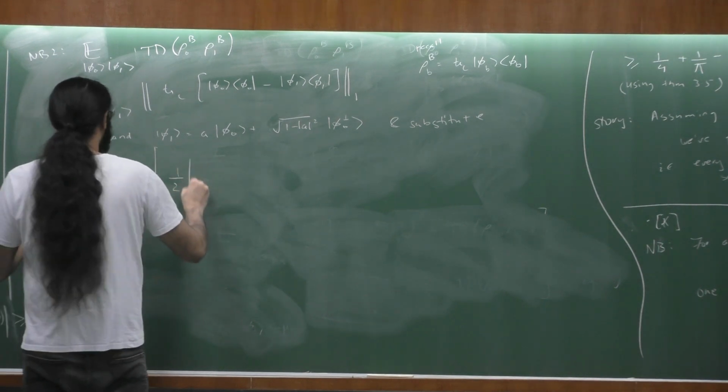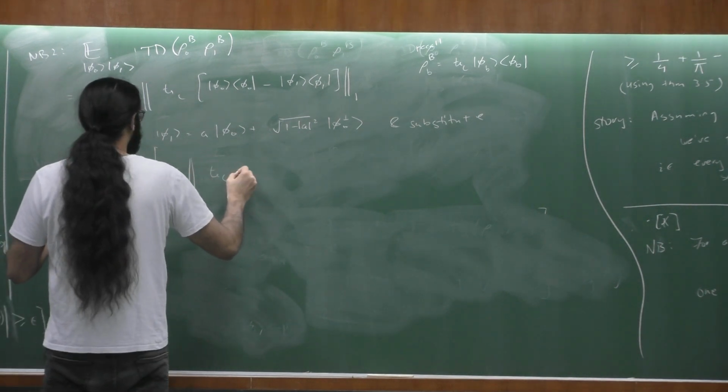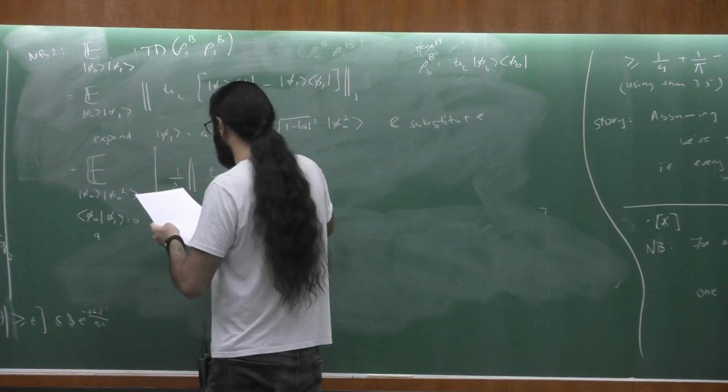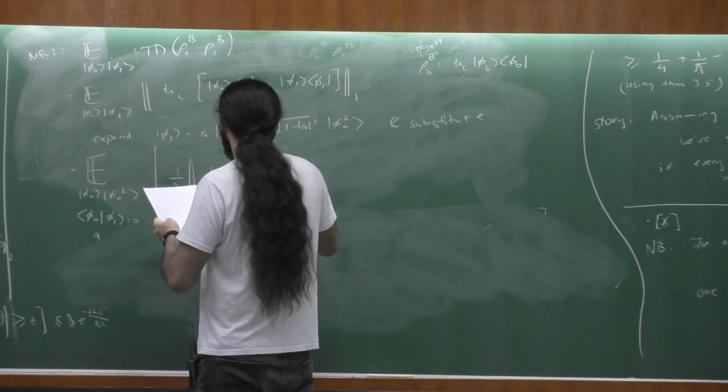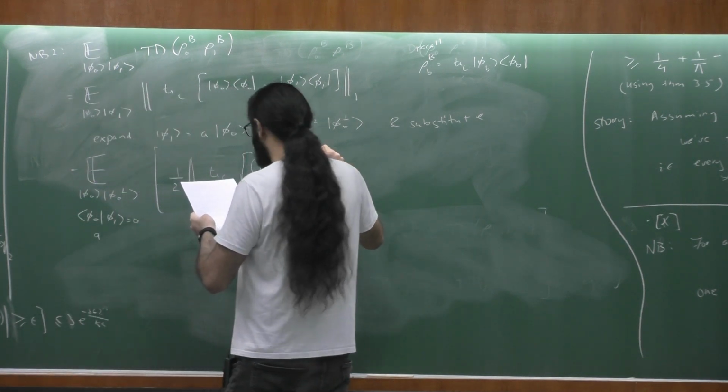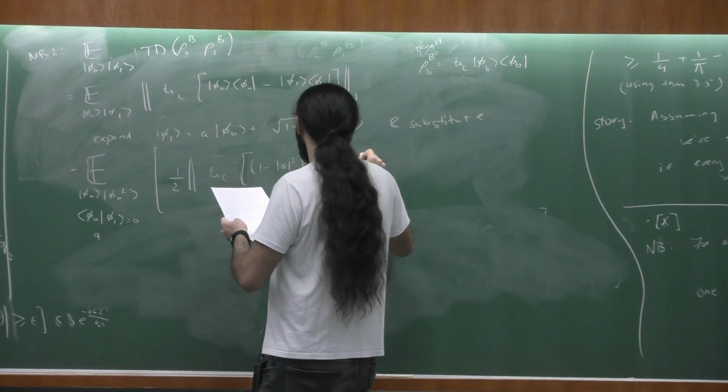And this is the same as half trace C. This is something you can check; write it down. There's just algebra at this point.